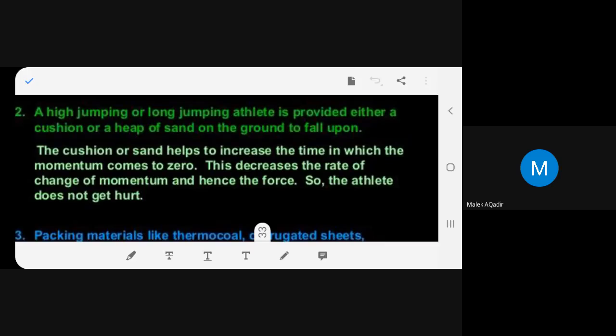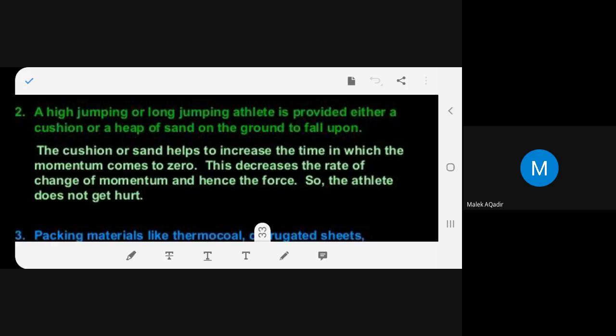On the other side, what is given? A heap of sand, or a cushion, so that when you fall, with the impact of the momentum, you are not hurt and you don't break bones. You understand? So the momentum comes to zero.